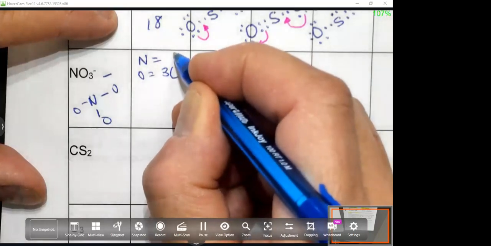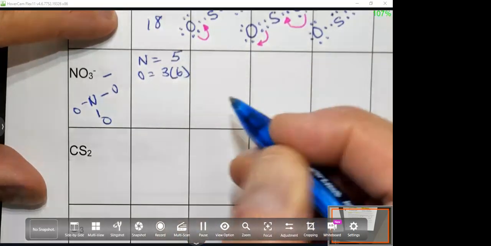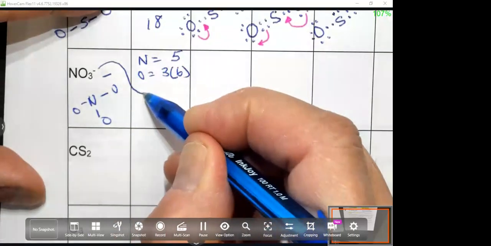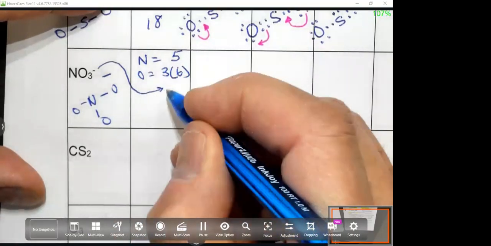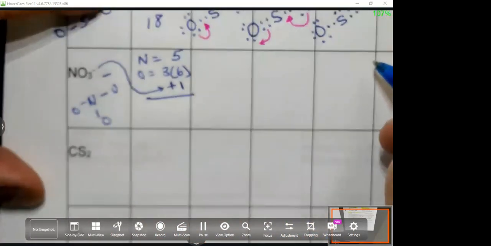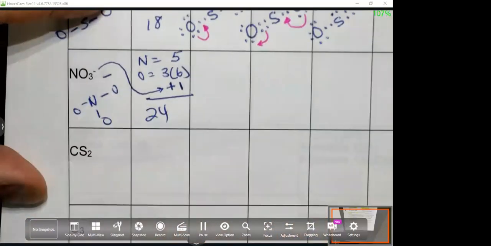Nitrogen's in group 15, so we've got 5. Oxygen's in group 6. This negative charge, we got to add 1. 24 valence electrons.